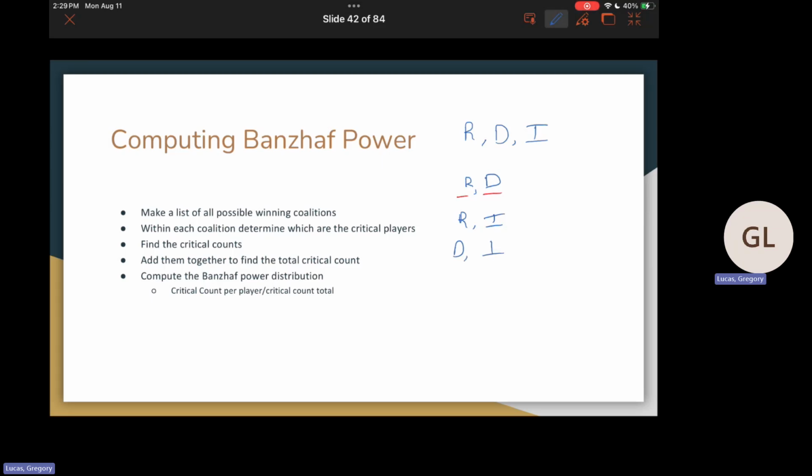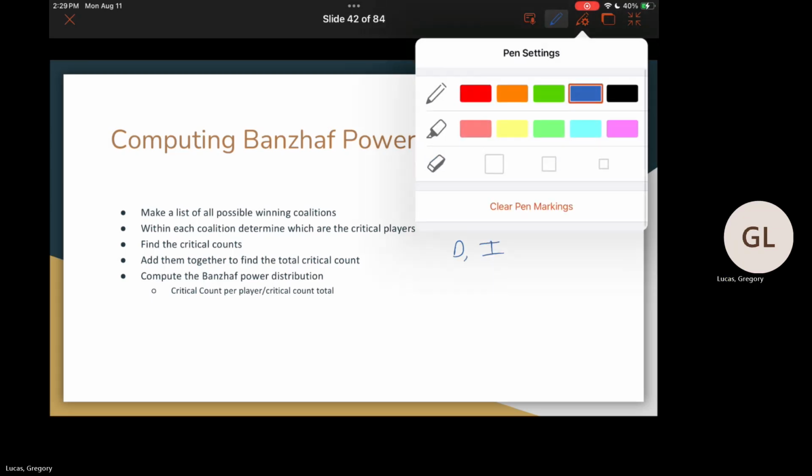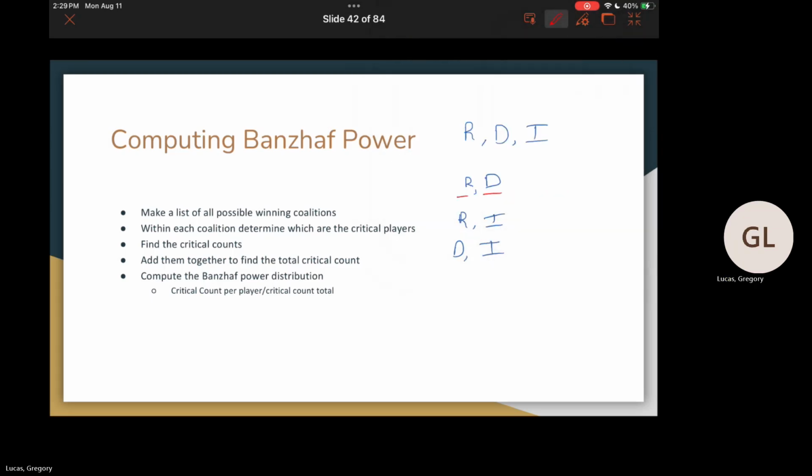So these were our combinations. If the Republicans didn't show up, it wouldn't pass. If the Independents didn't show up, it wouldn't pass. If the Democrats didn't show up, it wouldn't pass. If the Independents didn't show up, it wouldn't pass. So that's why this isn't the best example, but it still does show everything, because if you don't show up, it doesn't pass.